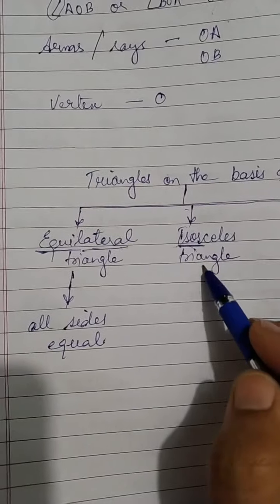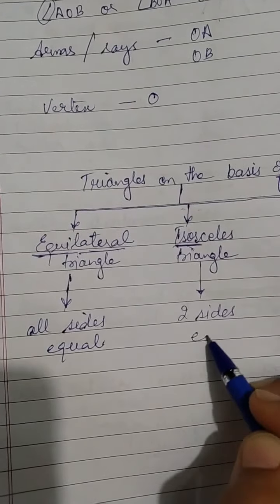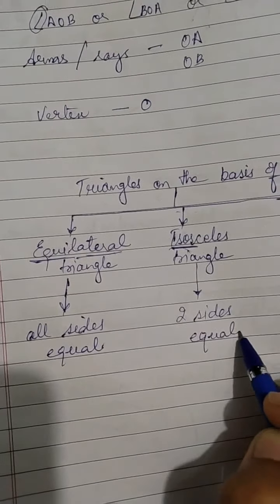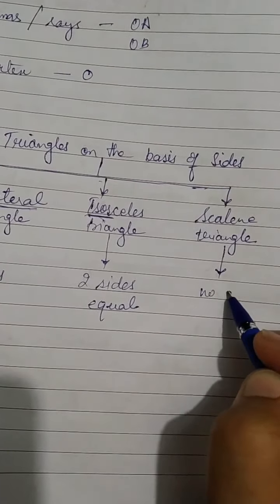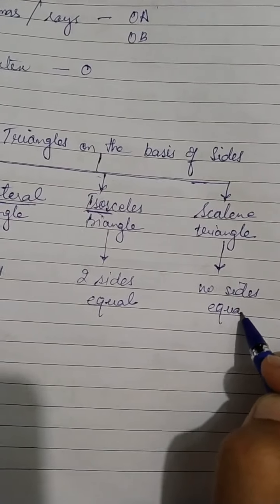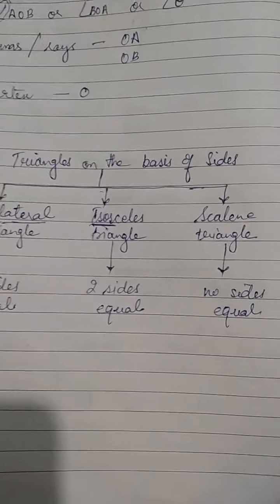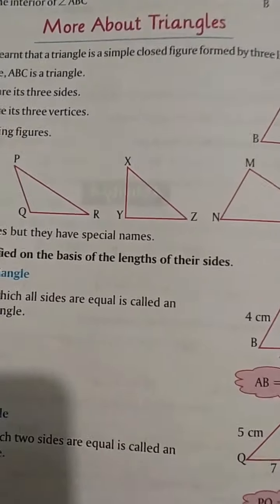Isosceles has two sides, any two sides with equal length. Scalene triangle, no sides are equal, which means it has all sides with different lengths. Remember this.